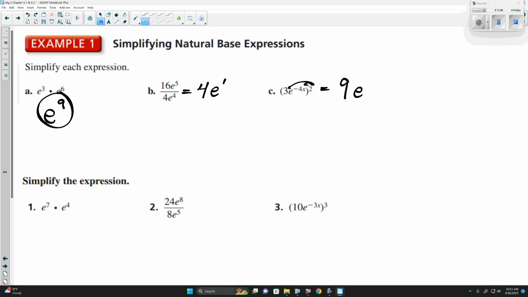Negative 4 times 2 is negative 8x. Questions on how we got 9e to the negative 8x? Now I did put another set of equals because we can't let e have a negative exponent. So to make it positive, we move it from the numerator to the denominator.